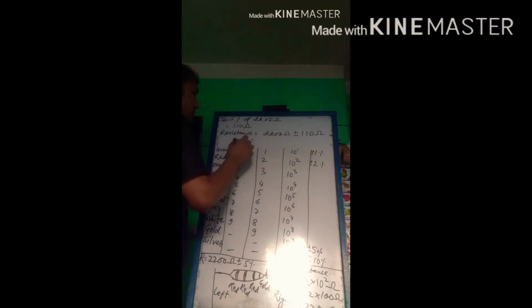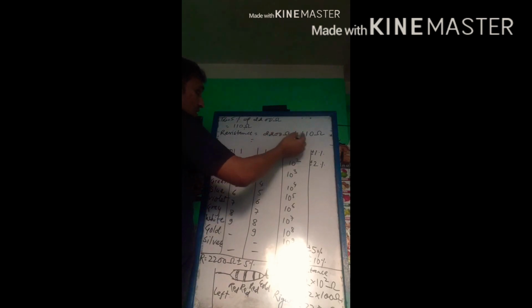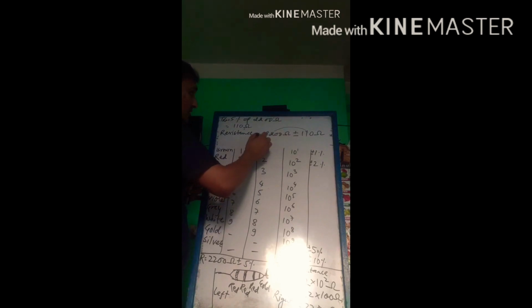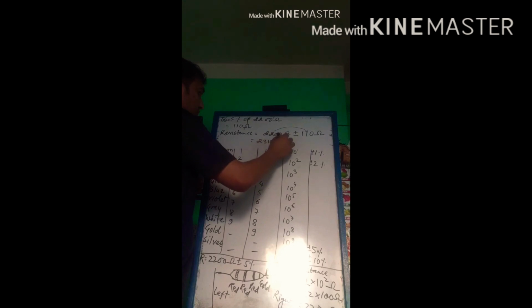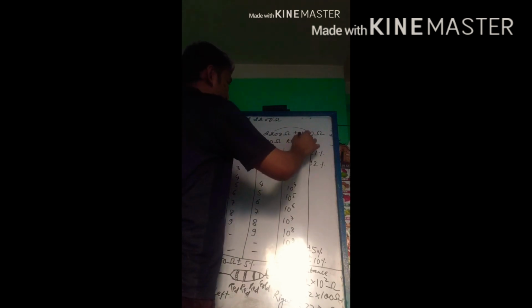That means how much will it be? If you add 110 to this value, how much will it be? 2310 ohm if you add it. If you subtract it, then it will equal 2090 ohm.